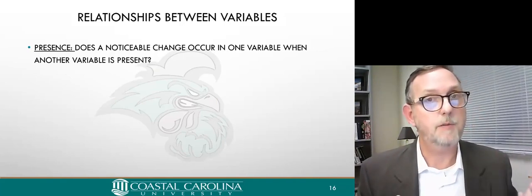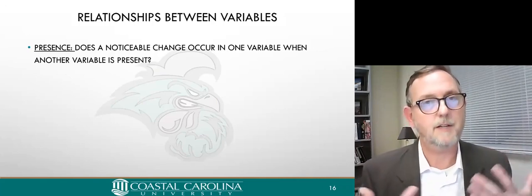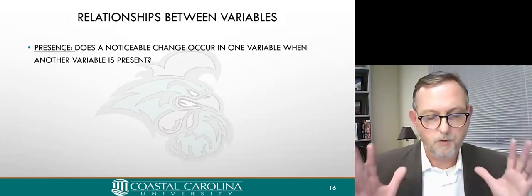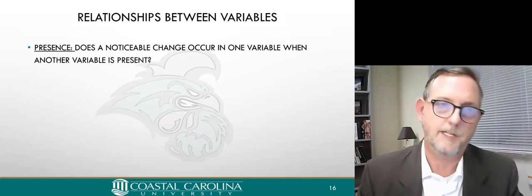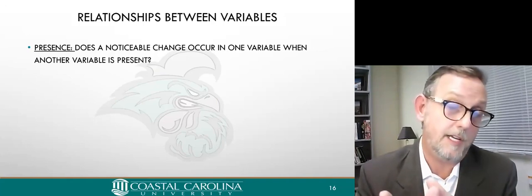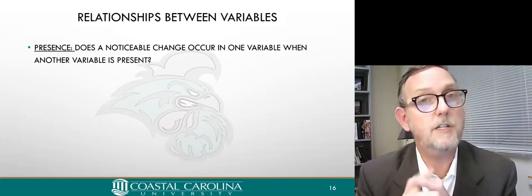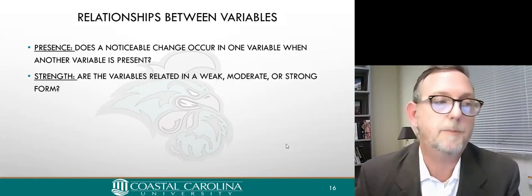They occurred at the same time. So both have to exist in the presence of the other to, one, better understand the relationship between them, and two, potentially suggest that these two things are causal in nature.